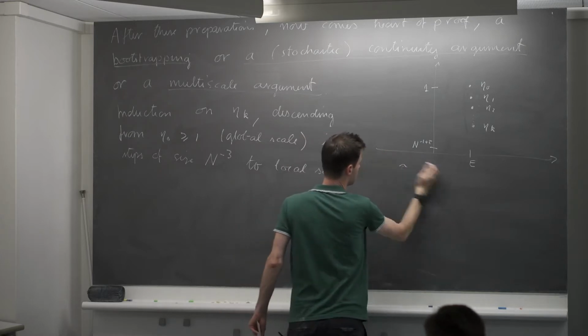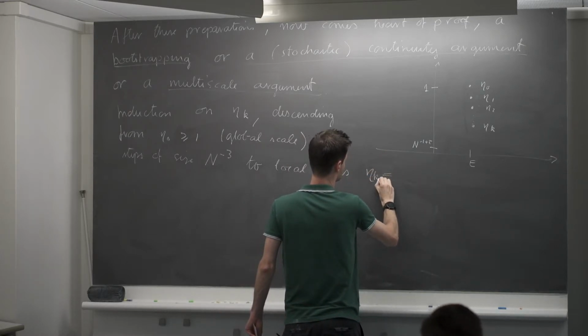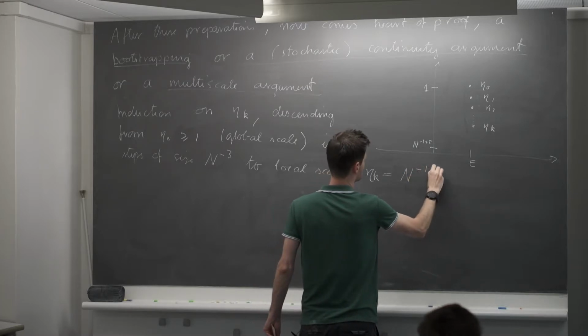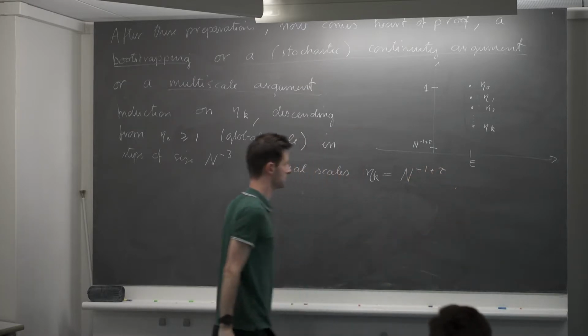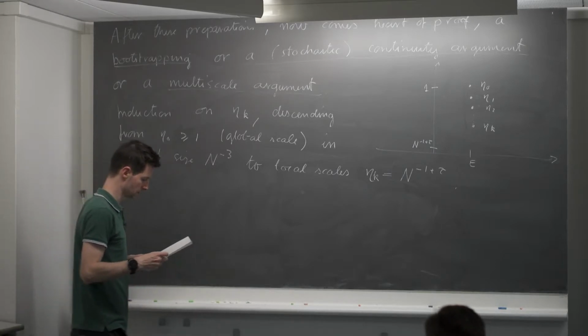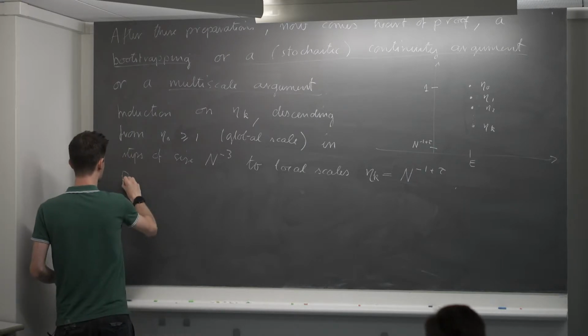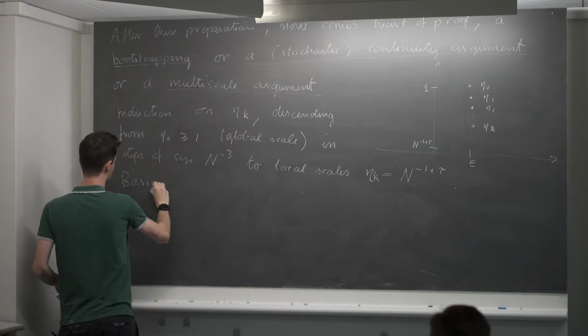So this would be eta. So this is where we stop, when we reach eta k equal to n to the minus 1 plus tau. So what is the basic scheme? What is this bootstrapping?